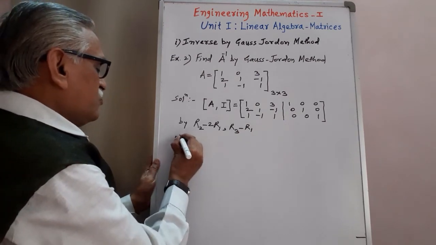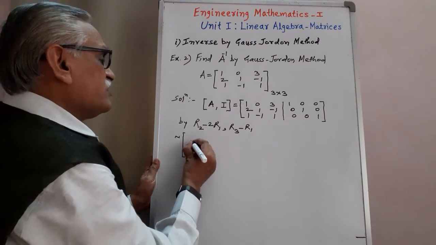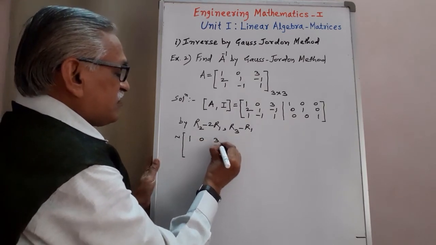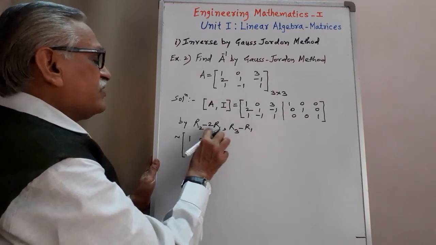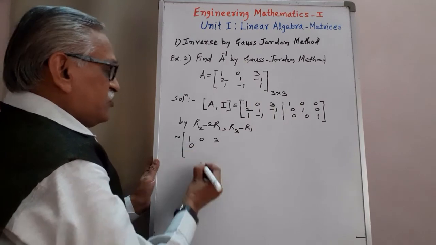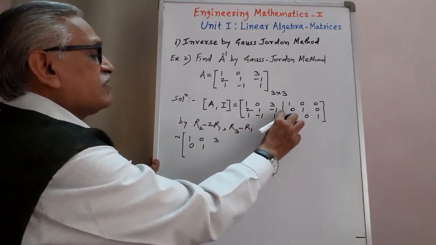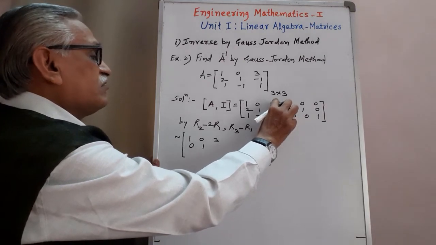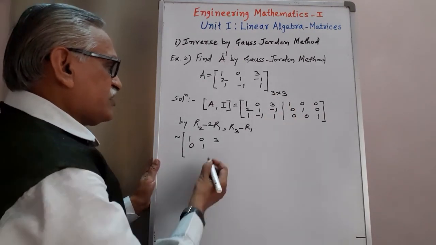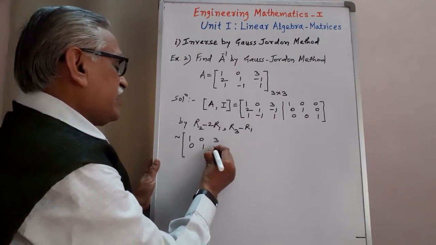By applying these two elementary row transformations, we get the first row with no change, 1 0 3. Then applying R2 minus 2R1: 2 minus 2 times 1, 2 minus 2 we get 0; 1 minus 2 times 0 is 1; minus 1 minus 2 times 3, minus 1 minus 6, we get minus 7.